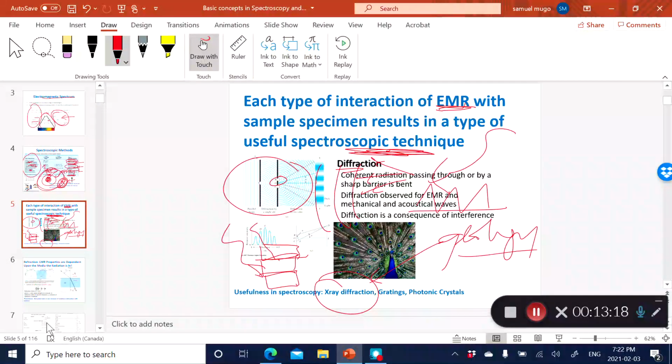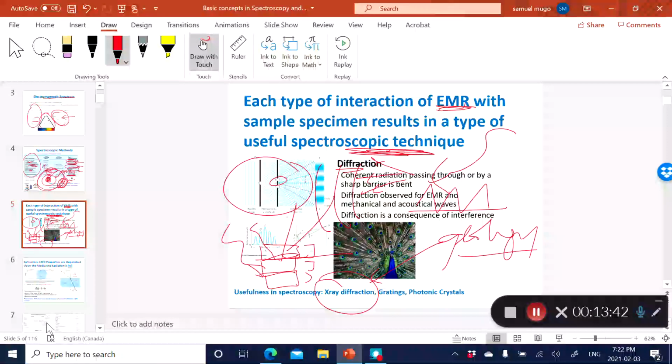And because there is an interface between the crystal lattices, you're going to get some of the light actually being diffracted. And based on that, you can tell the band gap, the size of the crystal lattices, which is dependent on the type of material, the type of crystal it is.